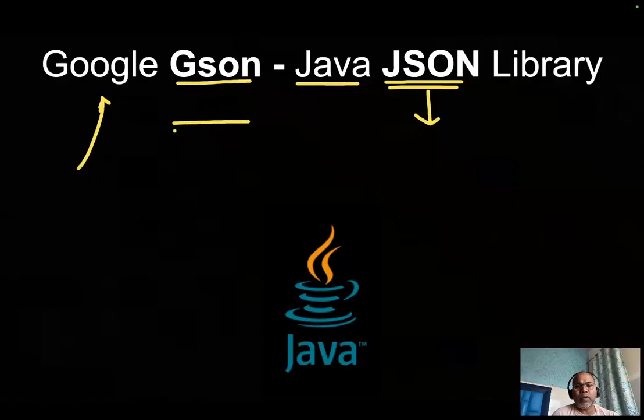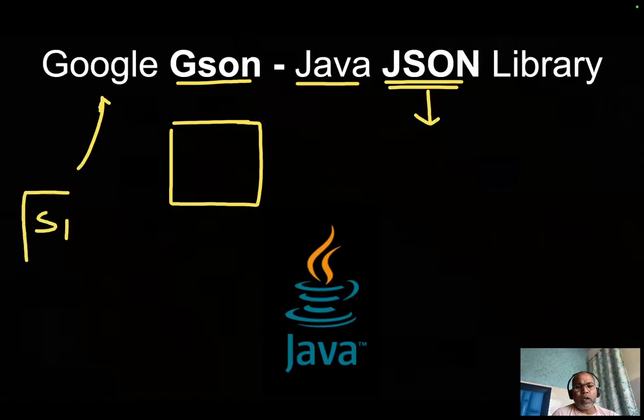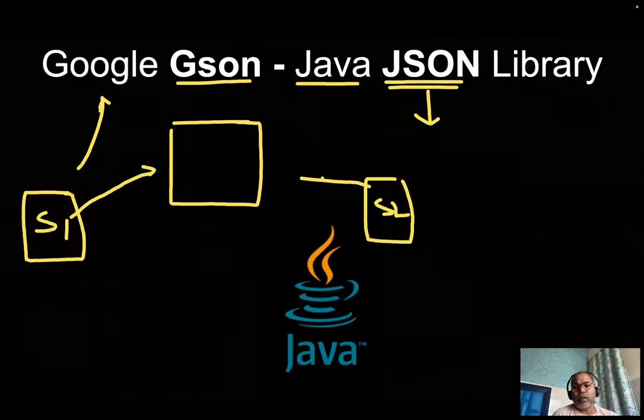That means if we are developing an API or consuming an API. Generally, service one is producing some API and service two is consuming it, right? So generally, data is exchanged in the form of JSON. JSON is now the standard format for exchanging data between services.